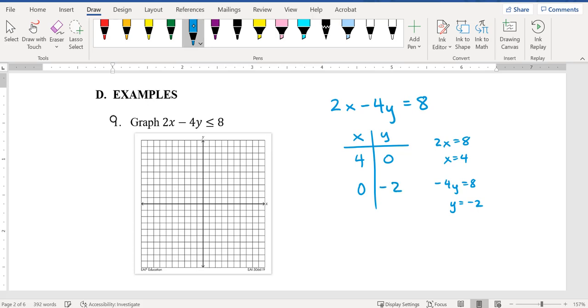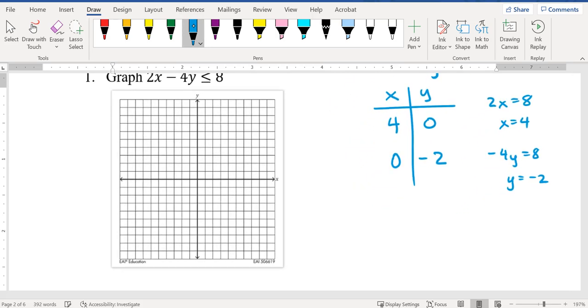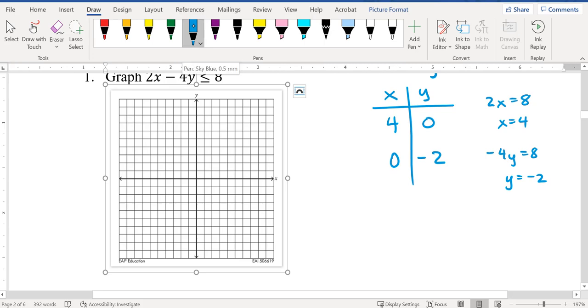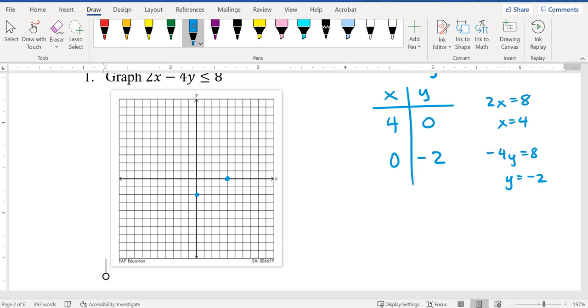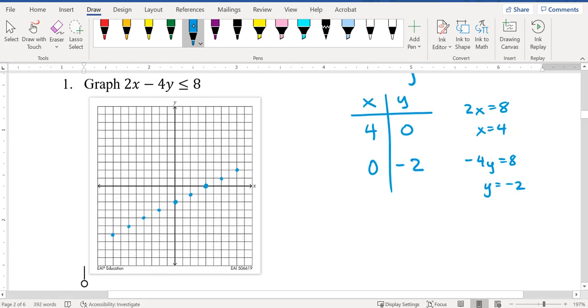So I'm going to plot those 2 points, (4, 0) and (0, negative 2). The slope is up 1 over 2. Since my original one has the equal to, it's going to be a solid line.